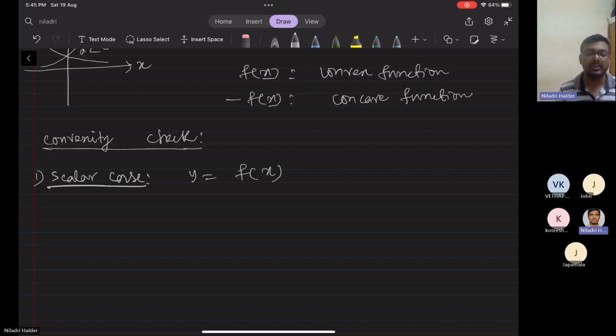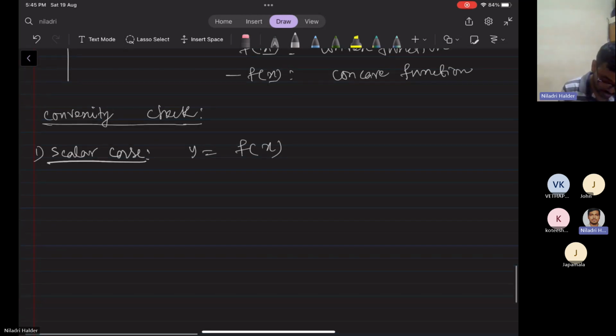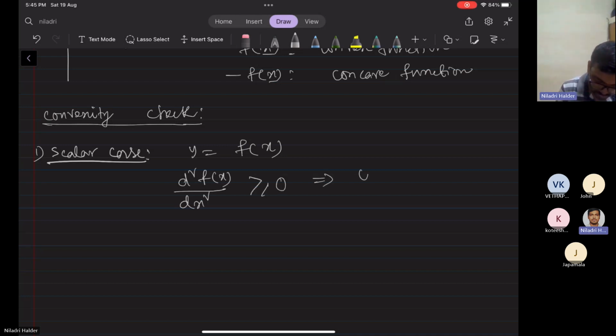This is a scalar function. Professor has already told that for this case, if d2 f by dx2 is greater than or equal to 0, then it's a convex function.